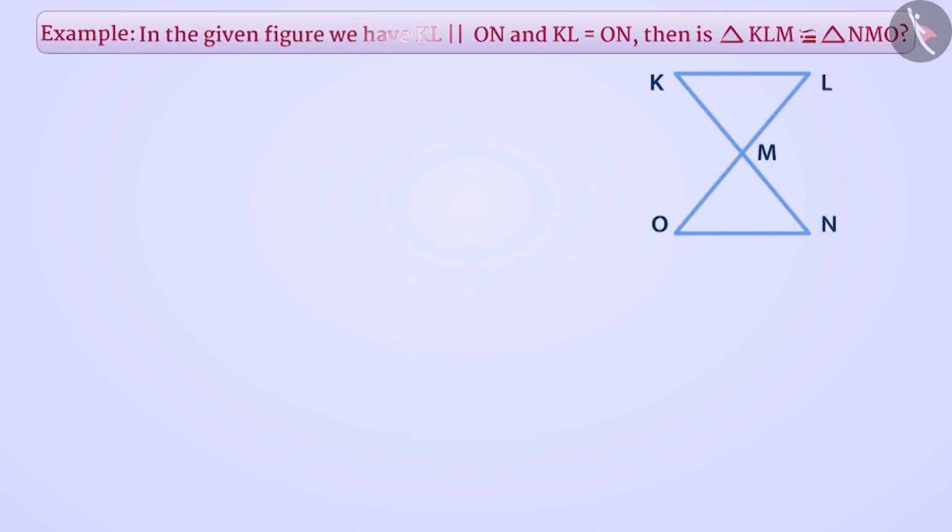Next example. In the given figure, we have KL and ON are parallel and KL is equal to ON. Then, is triangle KLM congruent to triangle NMO? We have been given KL and ON are parallel and KL is equal to ON.